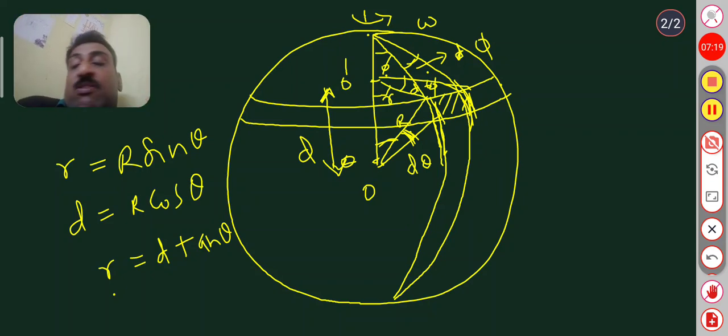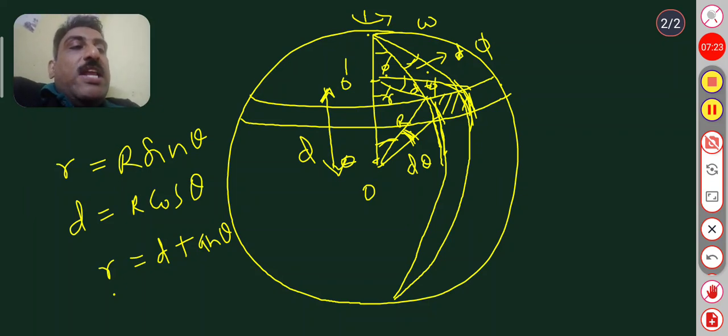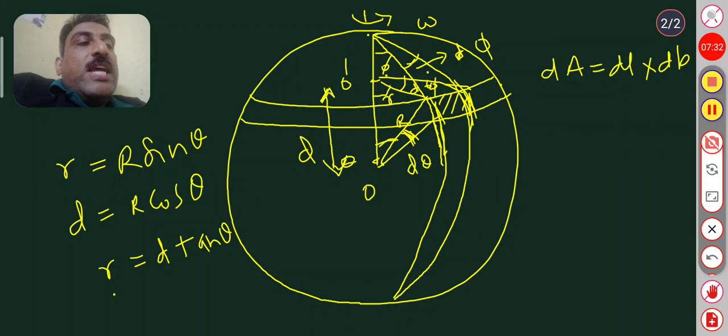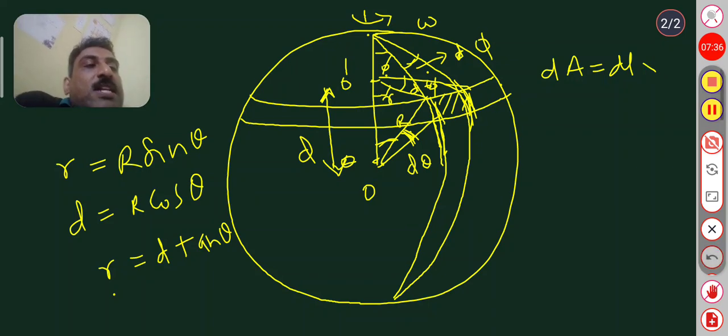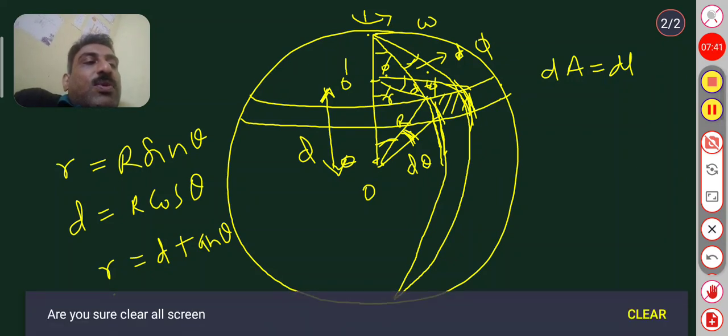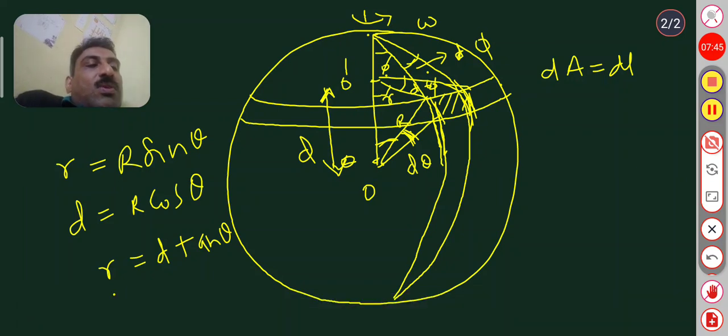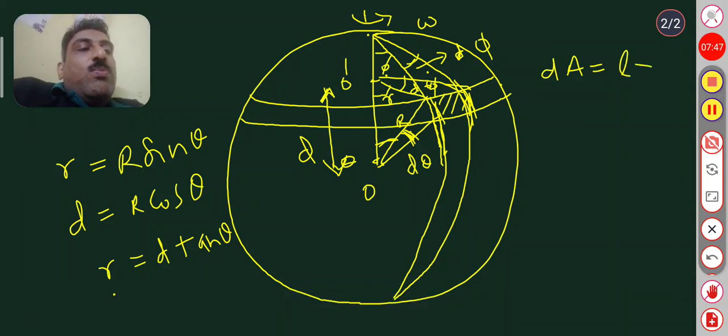Now, the first thing we have to find out is the area of this ring. Area dA is length into breadth.